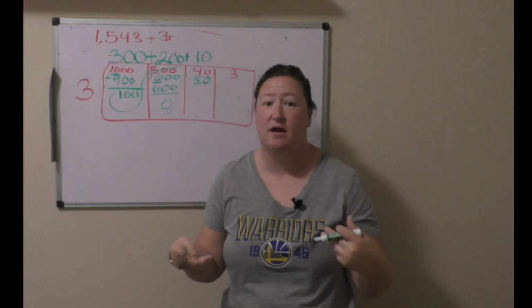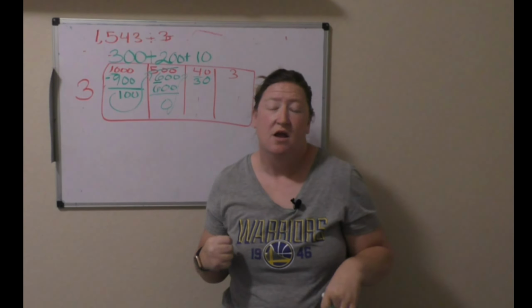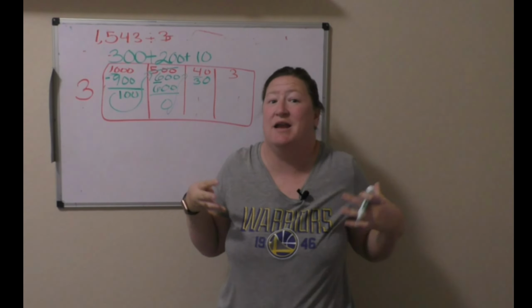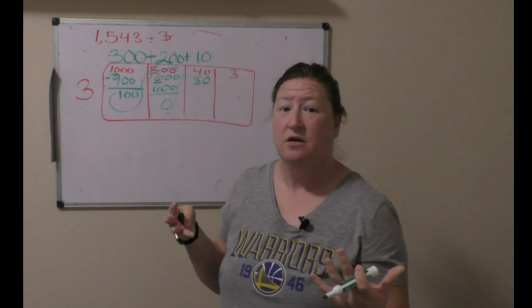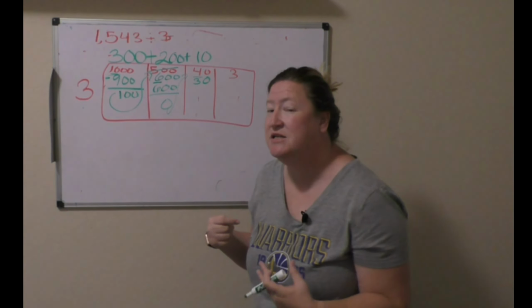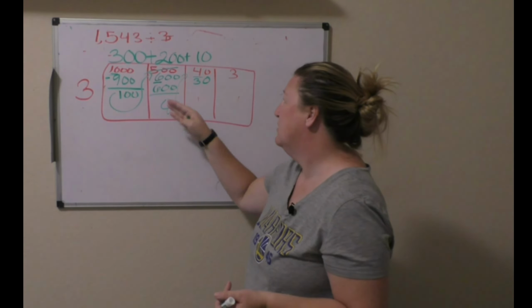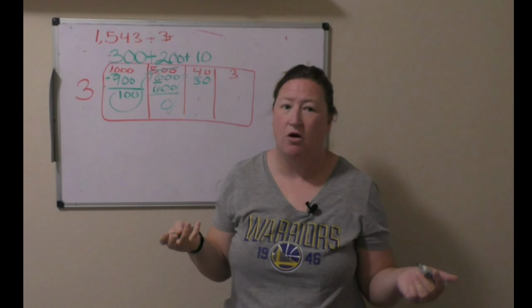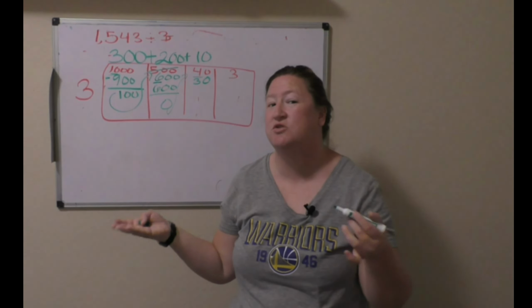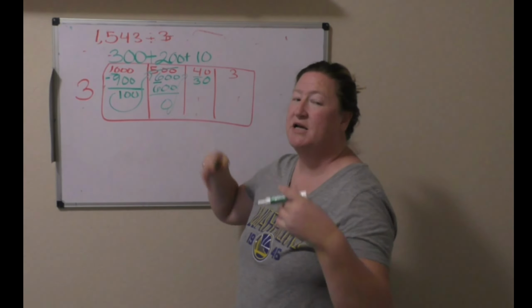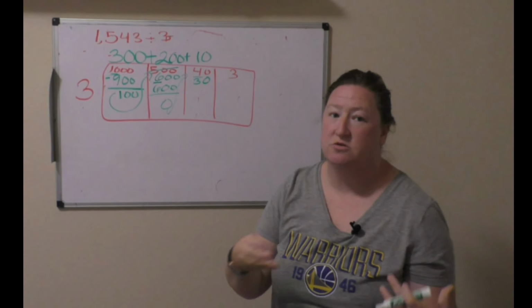If I'm multiplying by 100, I could add 2 zeros. If I'm multiplying by 1,000, I could add those 3 zeros. So you don't necessarily need to know, oh, well, 3 times 200 gives me 600. All you need to know is that 3 times 2 gives you 6. And because we're talking about hundreds, we can add those 2 zeros.